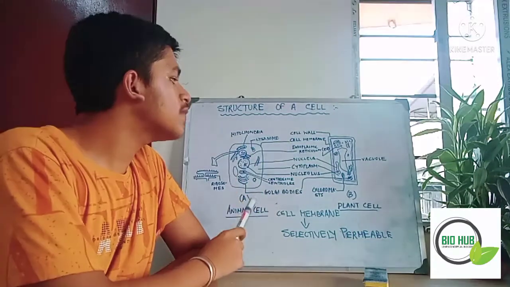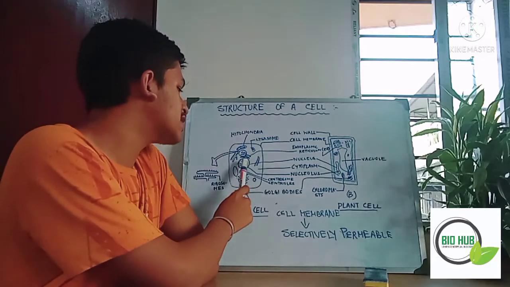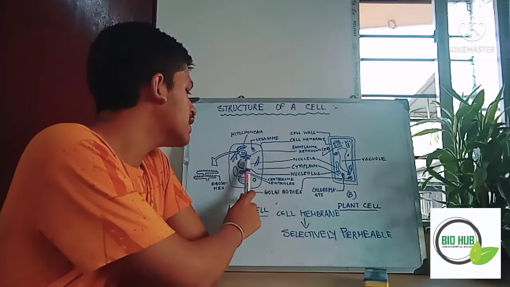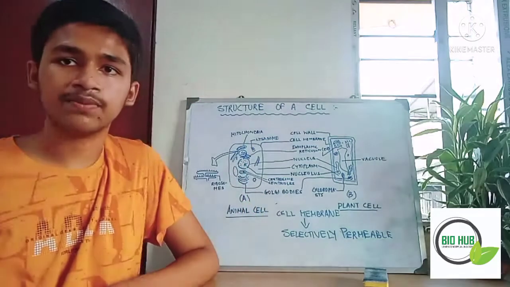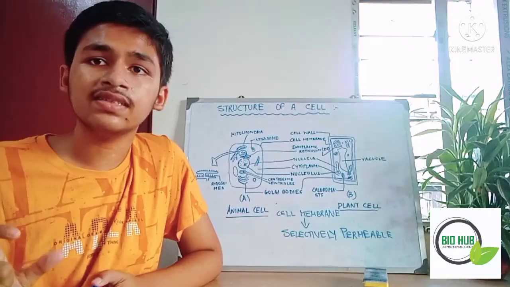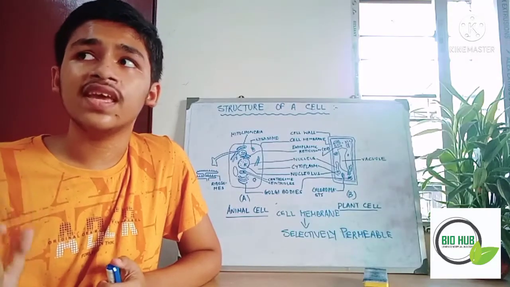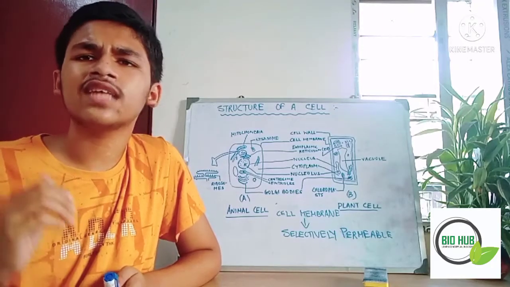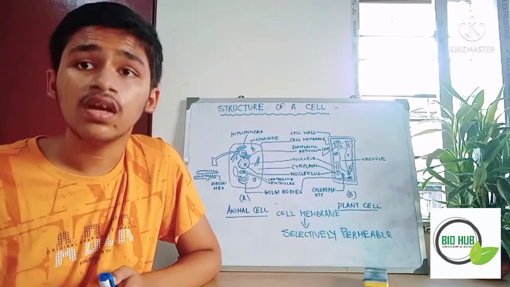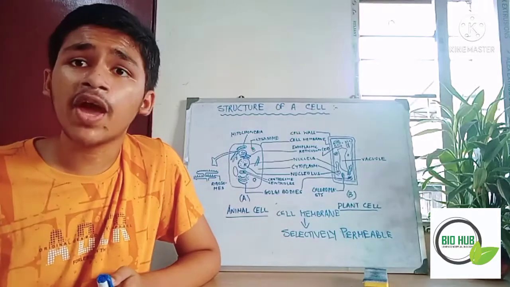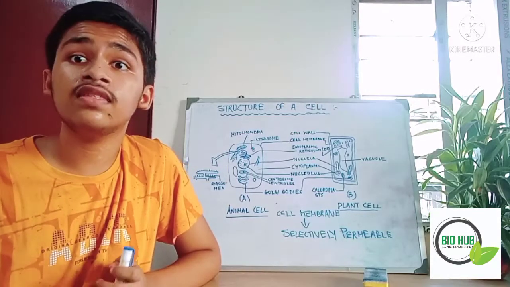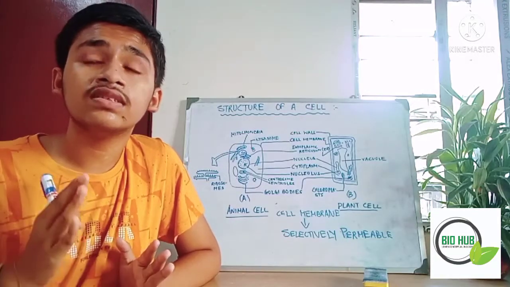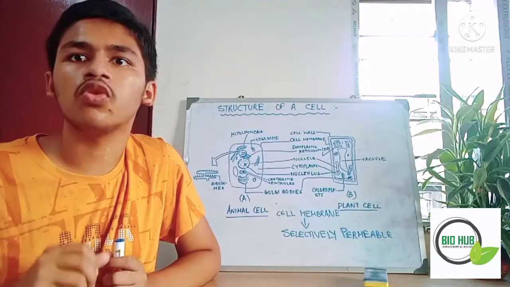Now, let us see the next most important component of an animal cell. The next most important component of an animal cell is the nucleus. As I have marked, this is the nucleus. The nucleus is what we call the control room of the cell. In some space stations or big manufacturing industries, there is a very secret room, that is the control room.